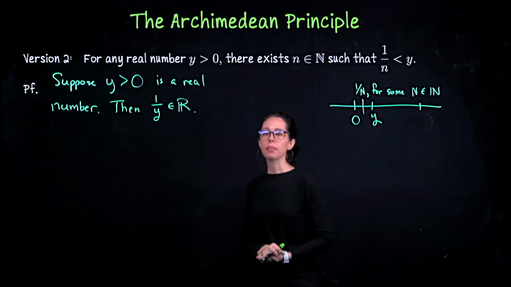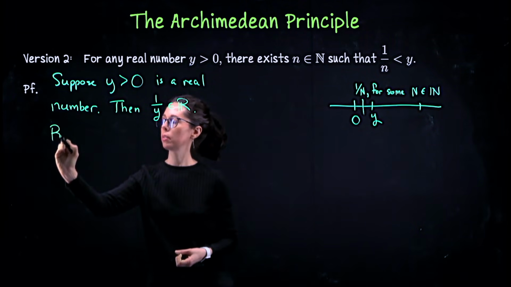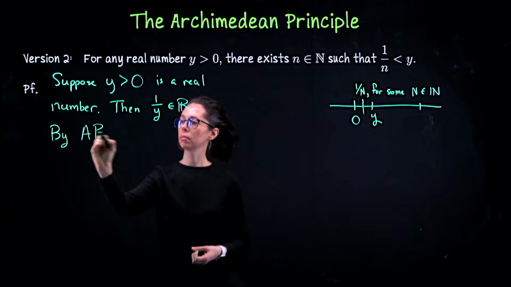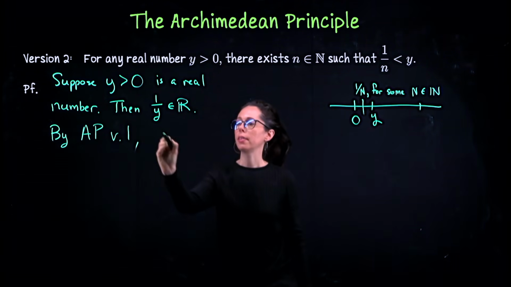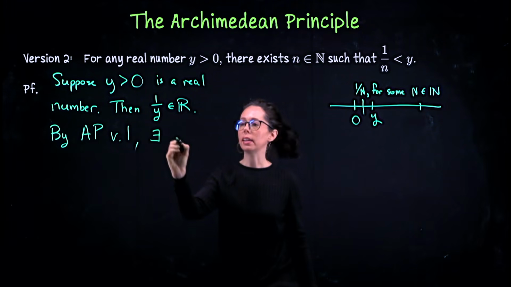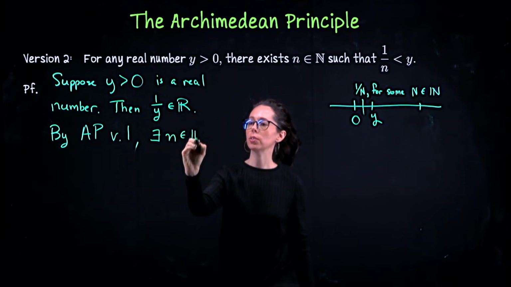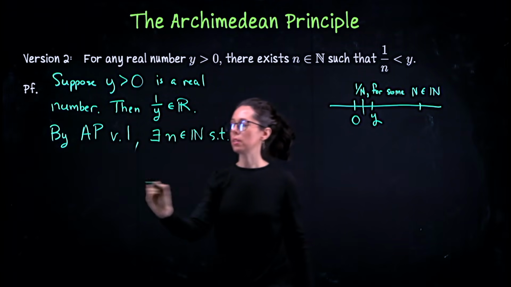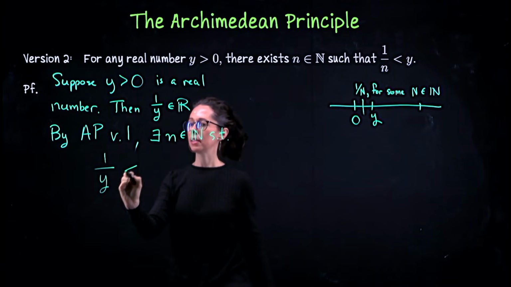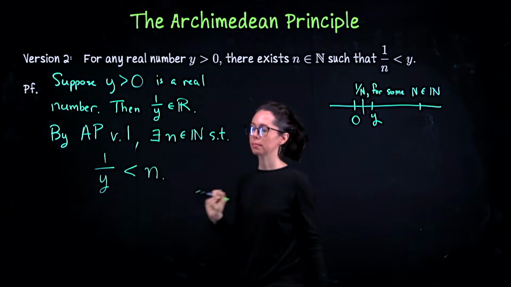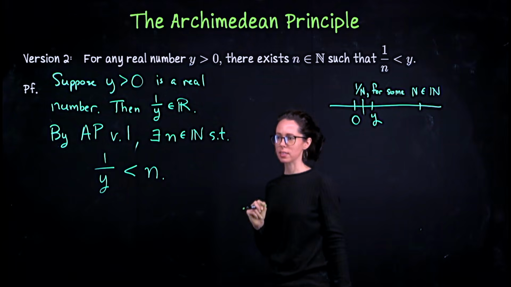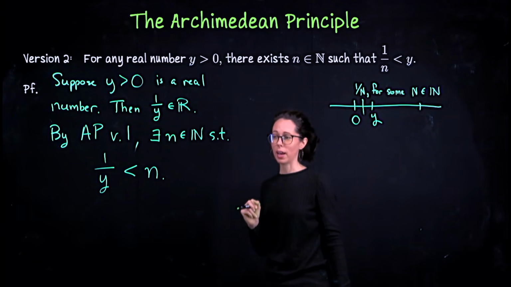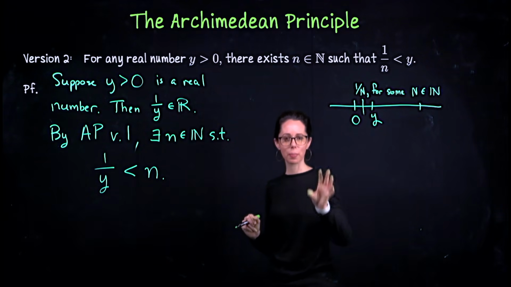By the Archimedean Principle version 1, what we just proved, there exists an n in the set of natural numbers such that 1 over y is less than n. I'm now going to multiply both sides of this inequality by the positive number y, and that's going to preserve the direction of the inequality by the order axioms.